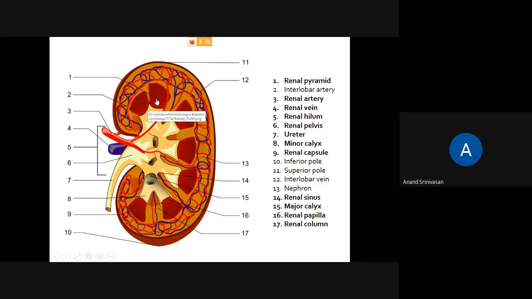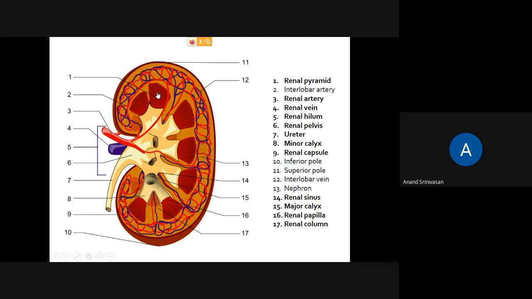So the blood vessels enter through the renal cortex, and they are filtered through these renal pyramids because there are certain structures called nephrons, which is the unit of the kidney. These nephrons filter the blood and take the toxic material.